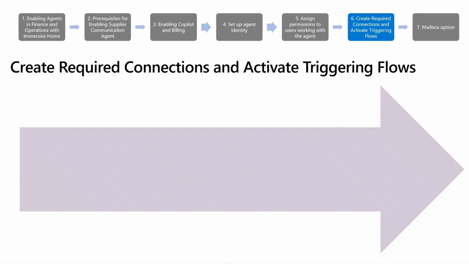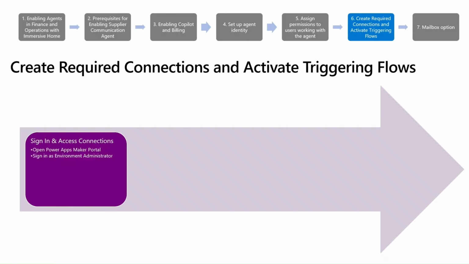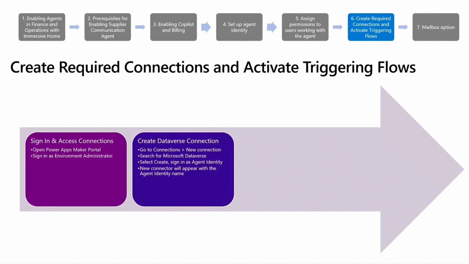To fully enable the supplier communication agent, it's important to set up the necessary connections and activate the triggering flow. This process begins in the Power Apps Maker portal, where you need to be signed in as an environment administrator. First, create a new connection for Microsoft Dataverse, making sure to authenticate using the dedicated agent identity.